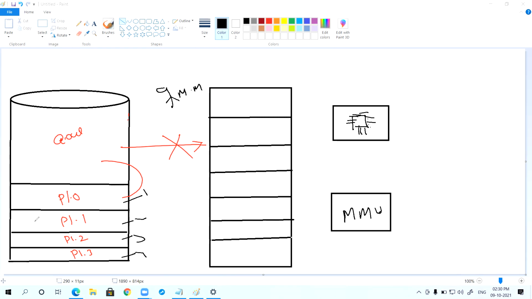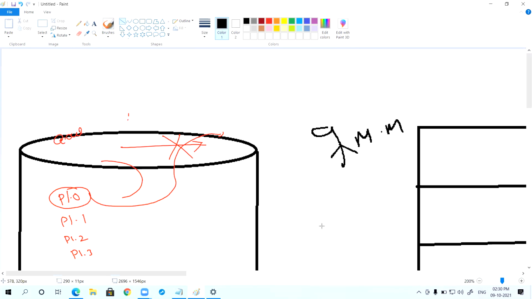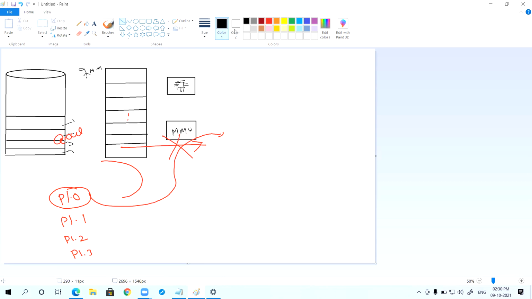From the pages, depending upon the request, it is going to be loaded into the frames. All of you are getting the point?